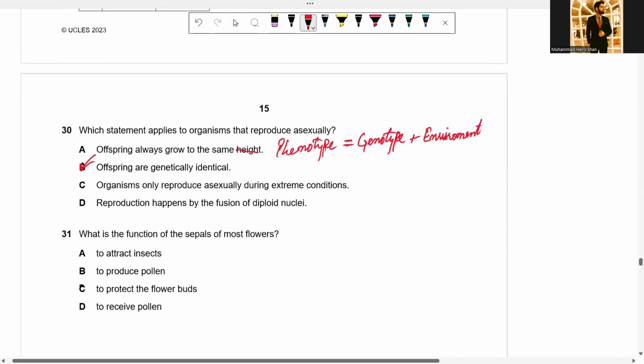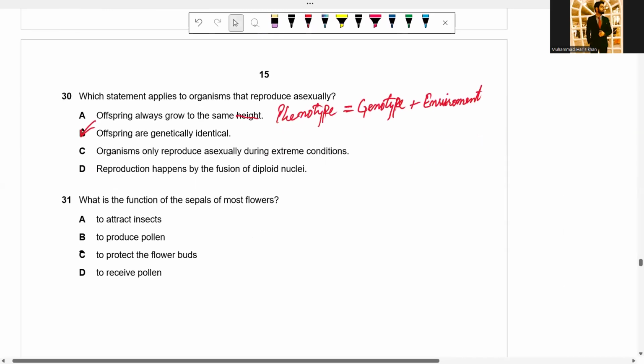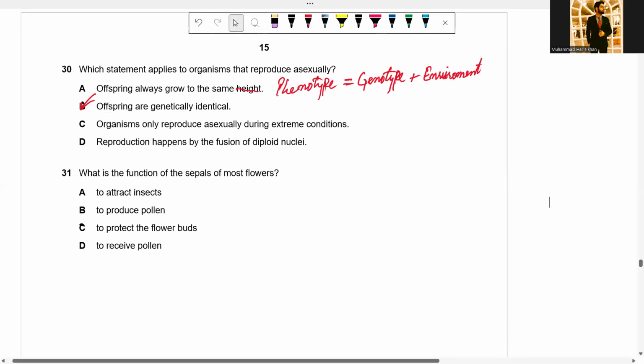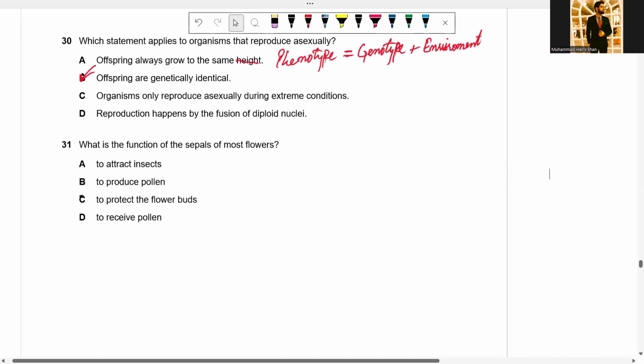Option C: organisms only reproduce asexually during extreme conditions. No, the reproduction happens by the fusion of diploid nuclei. No, the answer will be B. What is the function of sepals of most flowers? To protect the flower buds.